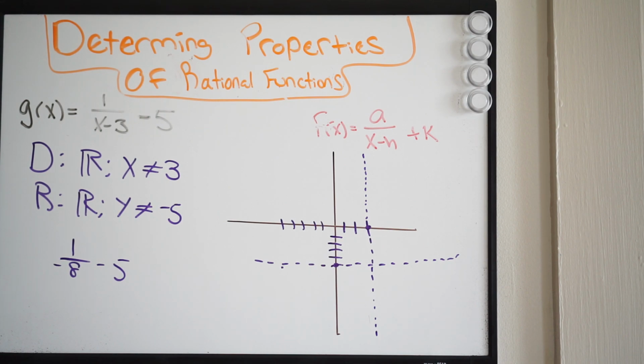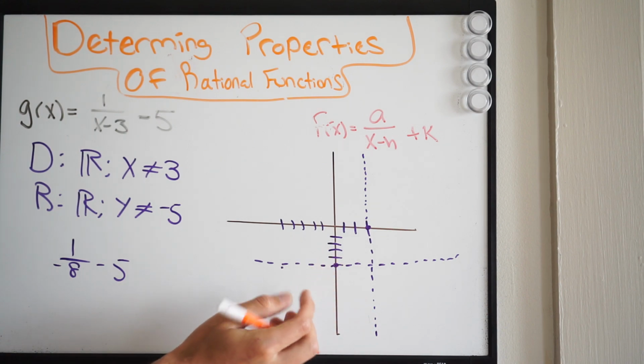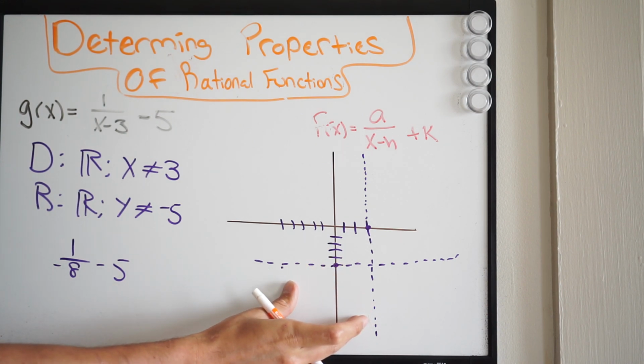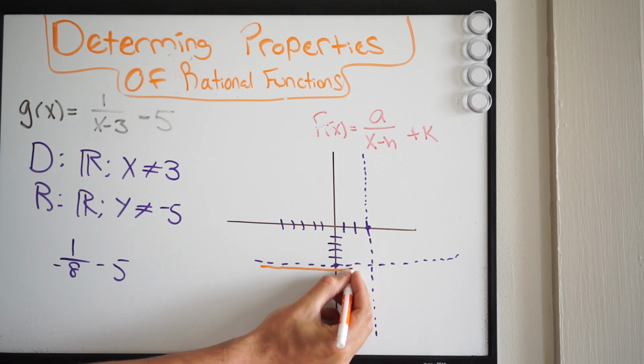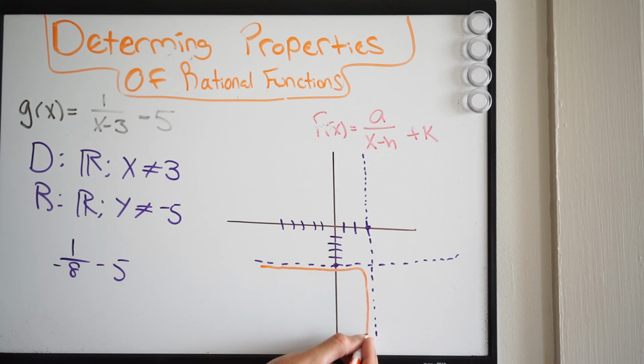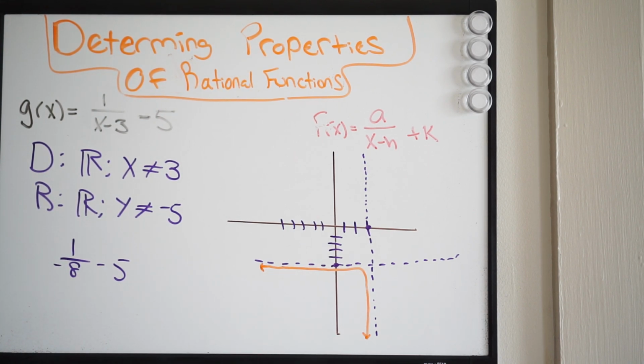We know it has to respect these asymptotes, so we have to make sure it fits in this little section here. So we'll have the following. That's it. And that's why we always graph both our asymptotes on the graph beforehand, because it makes the graphing process much easier.